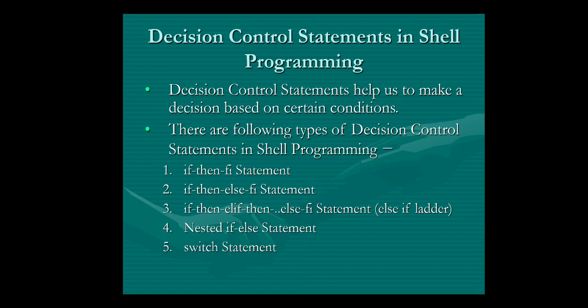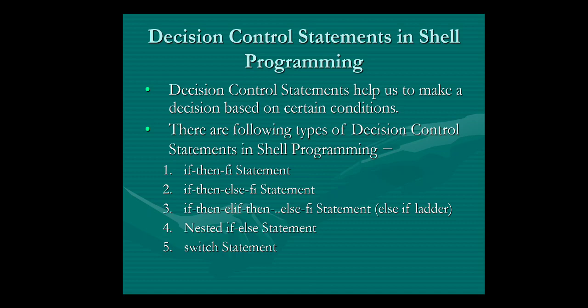Now, my friends, as you know, in any computer programming language, decision control statements help us to make a decision based on certain conditions. There are the following types of decision control statements in shell programming. First is the if-then-fi statement.